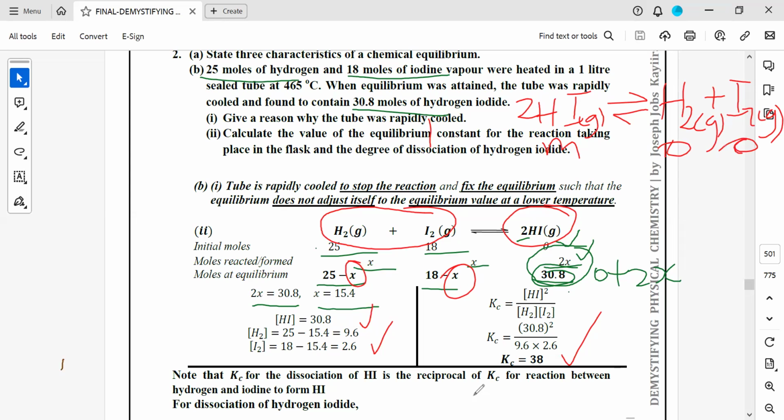Then when you get to the number of moles that reacted, that's when the dissociation comes in. We say the degree of dissociation is represented as alpha. That is where you find that you have M alpha.